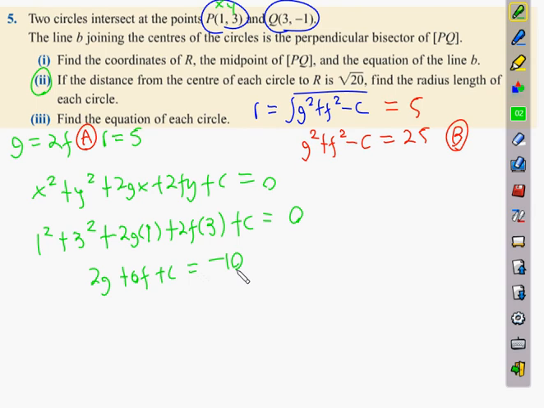Here's what we're going to do next. g equals 2f, right? Therefore, 3g equals 6f.